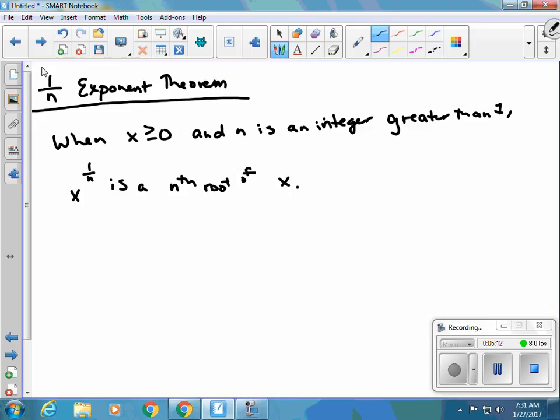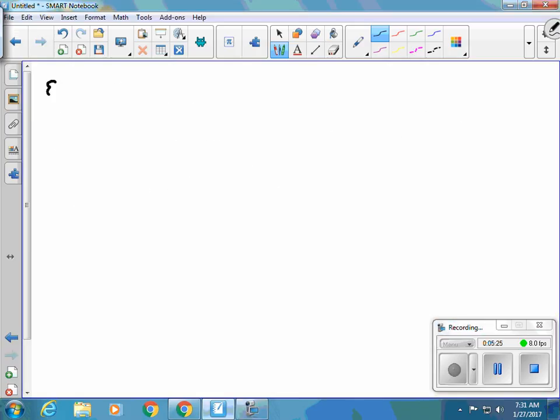All right, so now that we have all of that preliminary stuff out of the way, we've got to figure out how to actually calculate this. So for instance, I could have 81 to the power of 1/2. Okay.